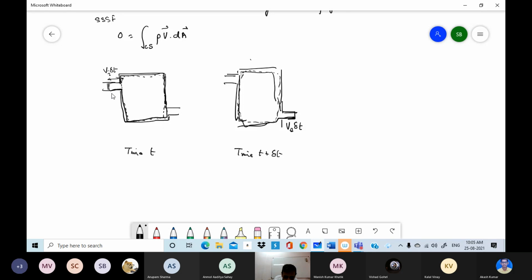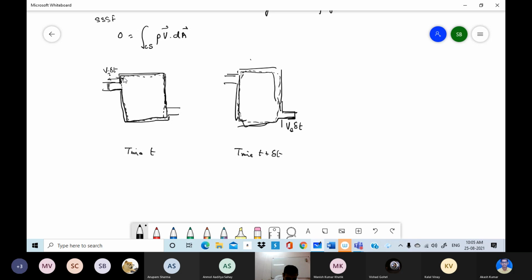So now I don't have to bother about that cos alpha, etc. I assume for simplicity that the velocity is at right angles to the inlet, which in most situations it will be.